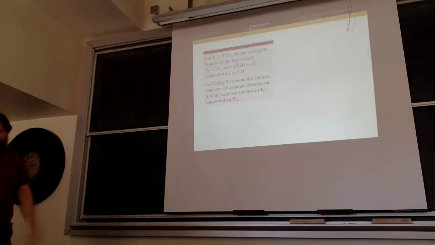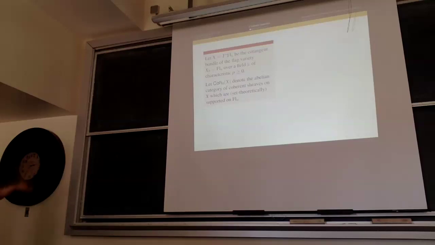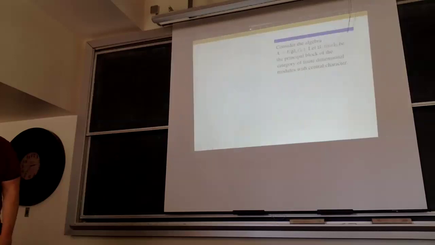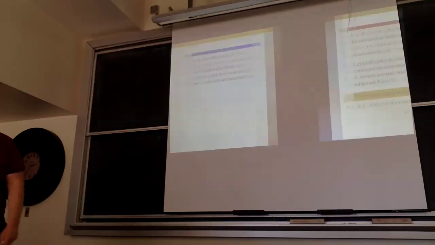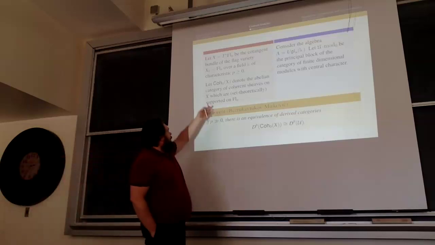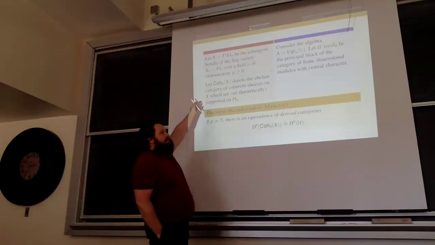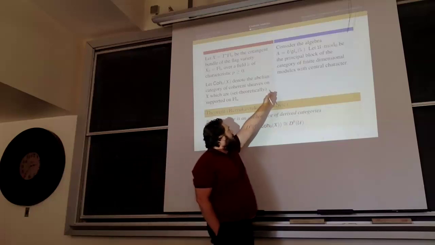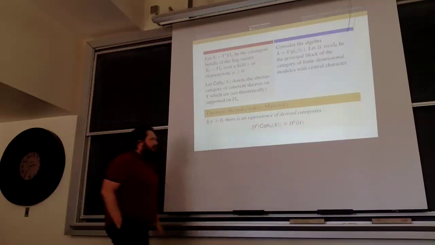So we're supposed to be, or I'm interested in, I think some of you are interested in, coherent sheaves on symplectic resolutions. And there's this very fascinating perspective on these. Let me just skip to the end, where you can relate, for example, coherent sheaves on T star of the flag variety to representations of U of gl_n, but in characteristic p.